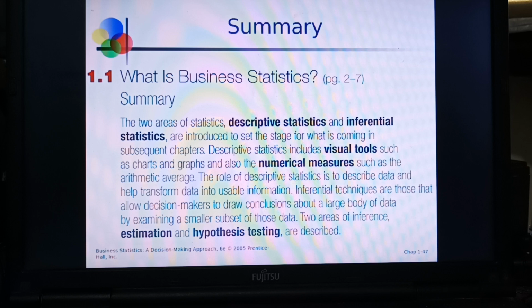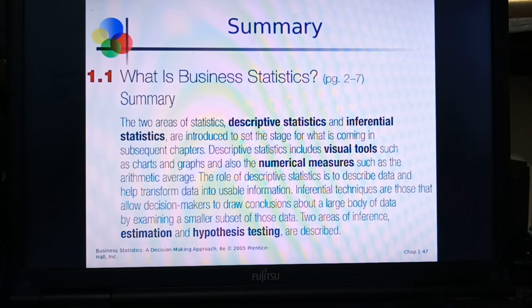Descriptive statistics includes visual tools such as charts and graphs, and also the numerical measures such as the arithmetic average, the mean, median, mode. The role of descriptive statistics is to describe data and help transform data into usable information, while inferential techniques are those that allow decision makers to draw conclusions about a large body of data by examining a smaller subset of those data, the sample.